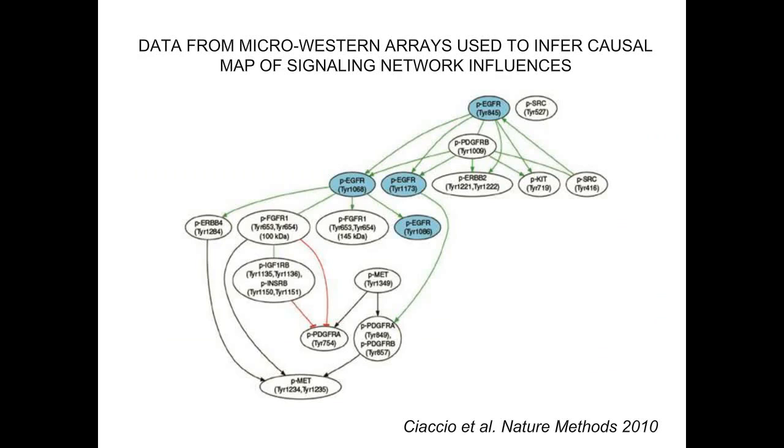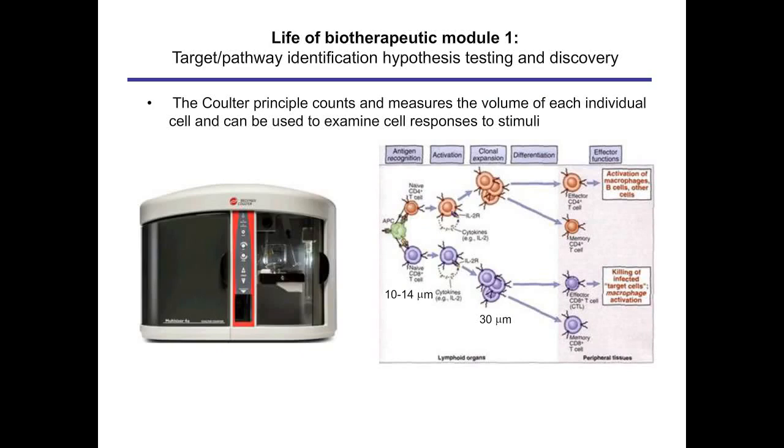And so we worked with researchers at MIT, the Lauffenburger Laboratory, to use mathematical inference methods to take our data and build a causal inference network that provided insight into the connectivity of the proteins in the pathway, and could subsequently be used to try to understand which of the proteins might be most important in shutting off the signal, such as you might want to determine if you were designing a therapeutic and you wanted to shut off or find the most sensitive part of the network.